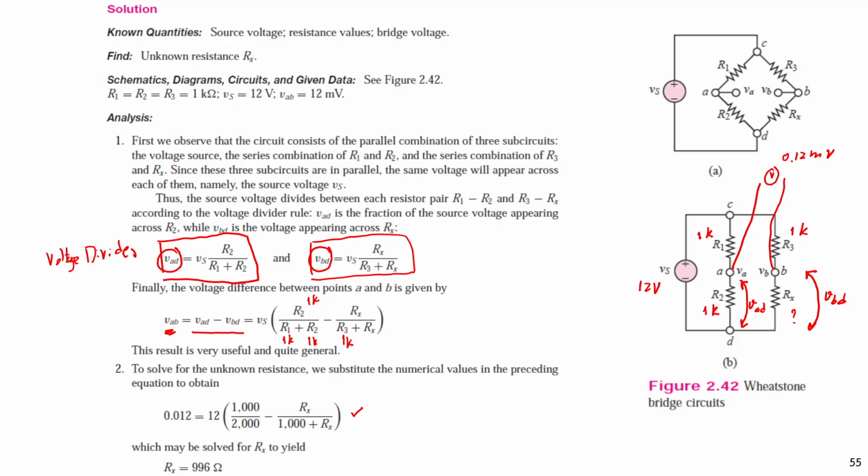If we measure VAB and it is 0.12 millivolt, we can compute Rx from this equation. We can solve for Rx, and we get that Rx is 996 ohms.